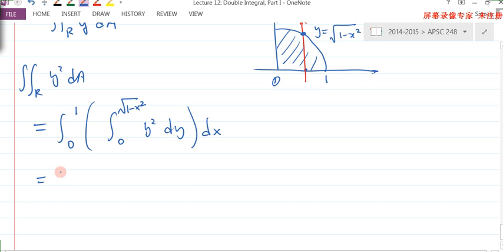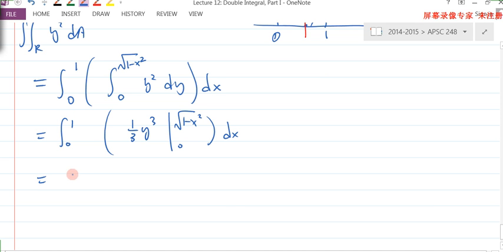So let's calculate this double integral. This is 1/3 y cubed, from 0 to root of 1 minus x squared, dx. So what do we have? Let's take the 1/3 out of the integral, integral 0 to 1.